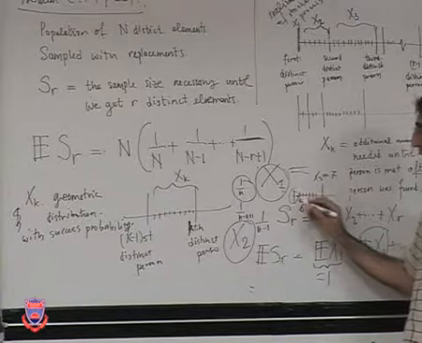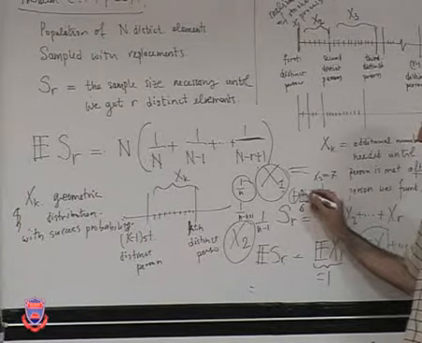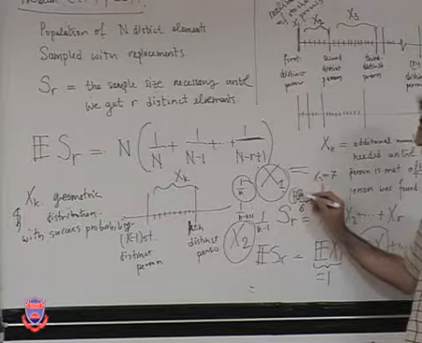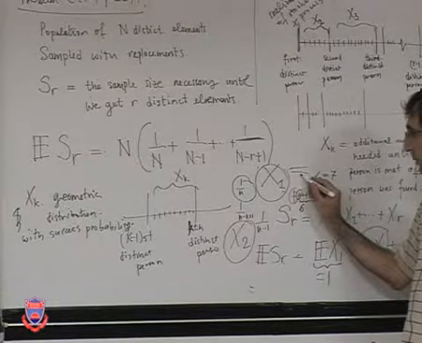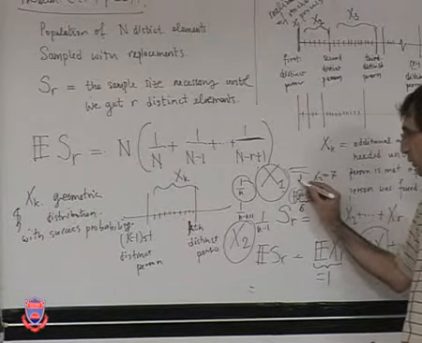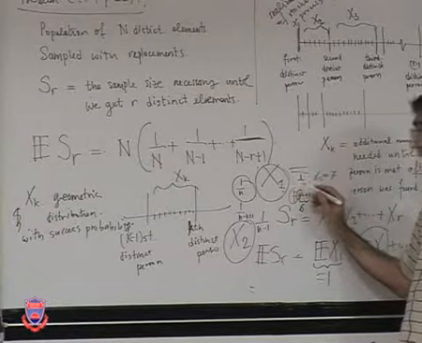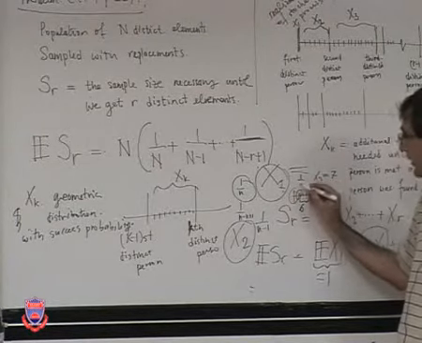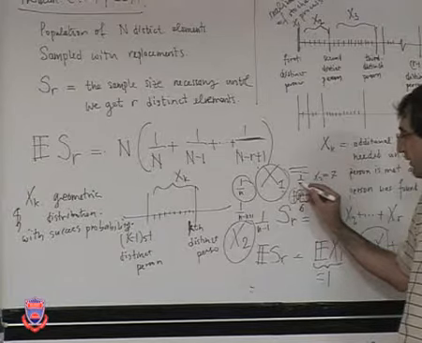And that will happen with probability 1 on the first trial. On the first trial, I must have selected that particular person, out of how many possibilities?